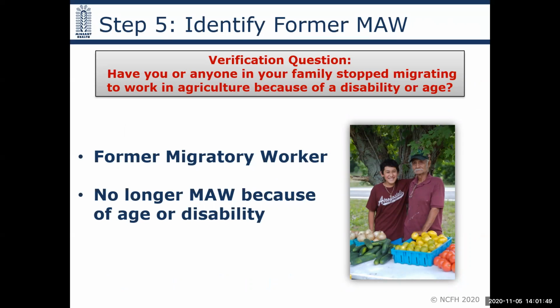Step 5 in the verification process is to identify former migratory agricultural workers. The Health Center Consolidation Act of 1996 expanded the definition of agriculture to include aged and disabled former migratory workers.